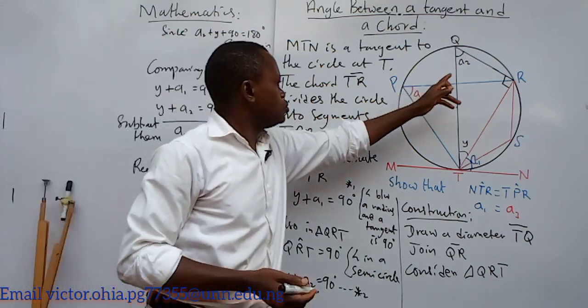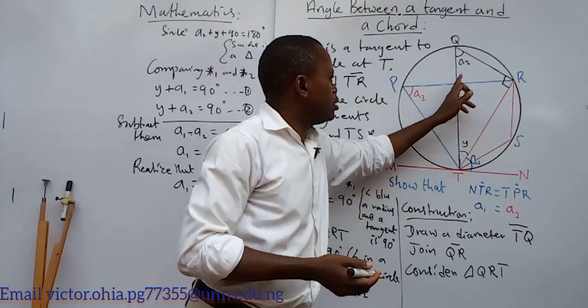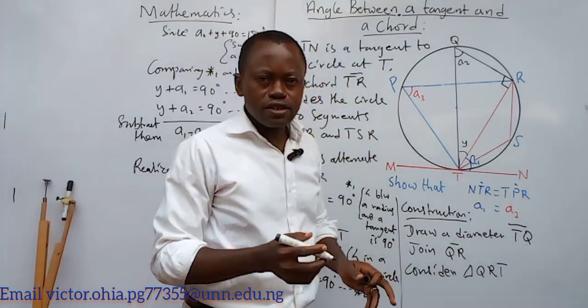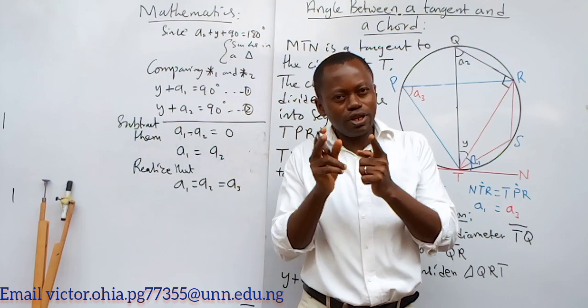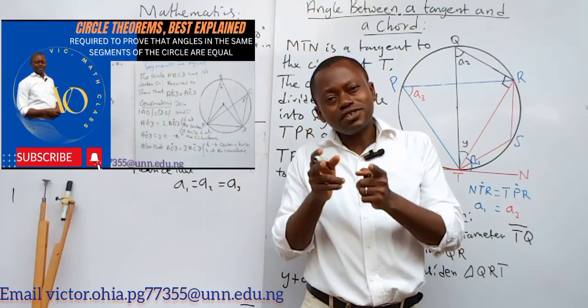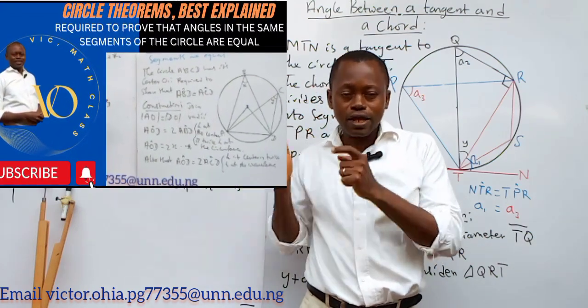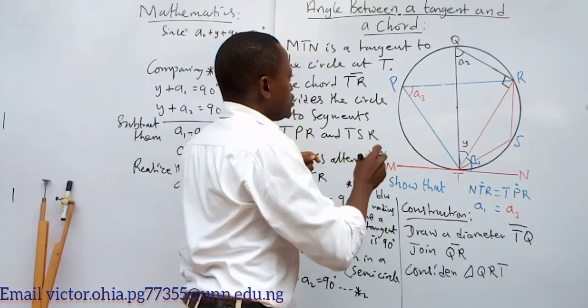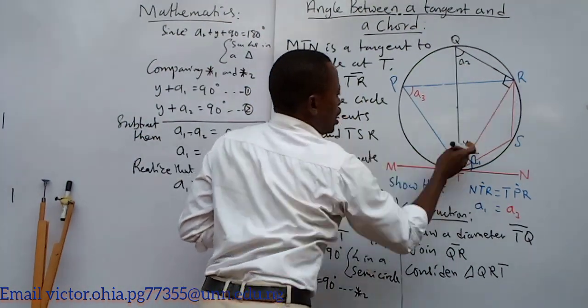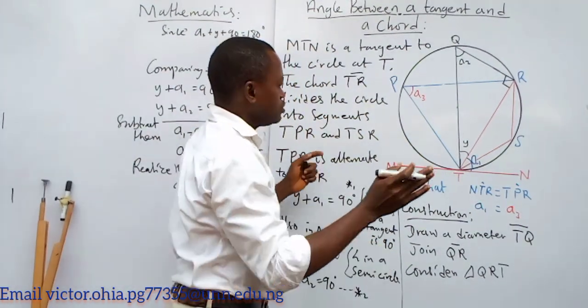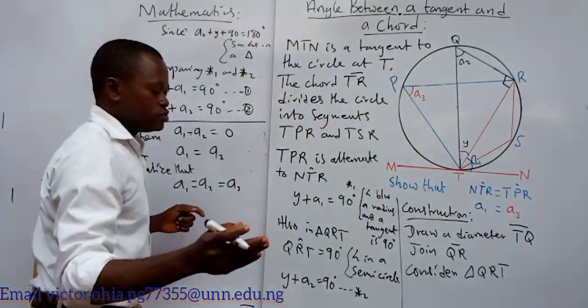How is A2 equals to A3? Wow. Do you realize in the last class as well, I have been able to show that angles in the same segments are equal. Look at it. That these are angles in the same segment, considering the TR as a chord. Angles in the same segments are equal. It has been proved previously.